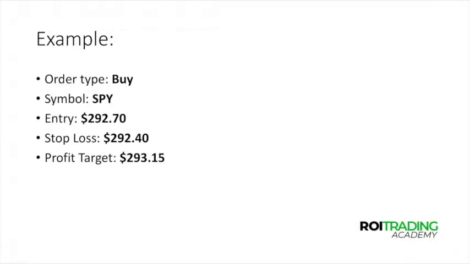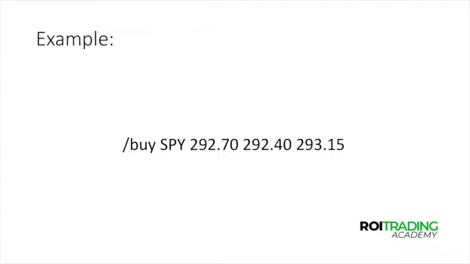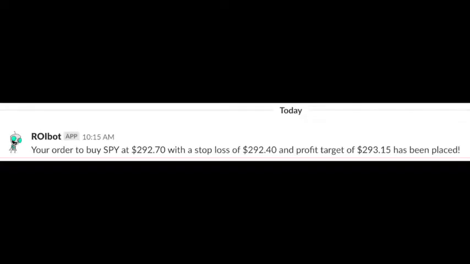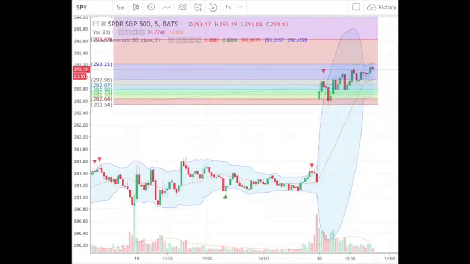My stop loss is $292.40, and my profit target is $293.15. So my command looks like this. Notice that I don't need the dollar signs. Upon placement, if successful, I get a nice friendly message from Roybot, our in-house Slack app. Looks like this trade was placed successfully.